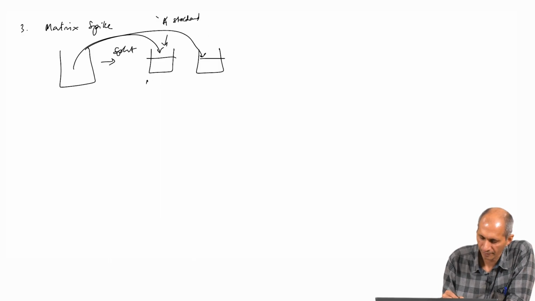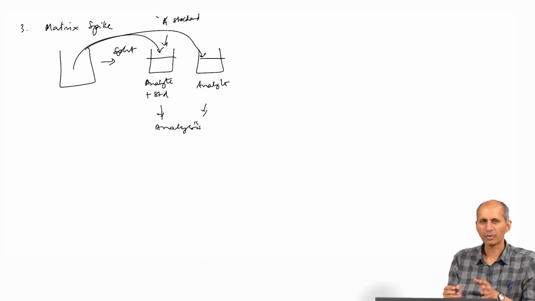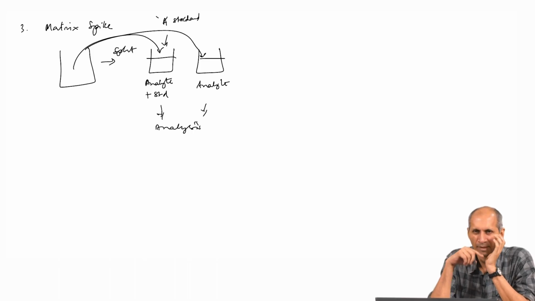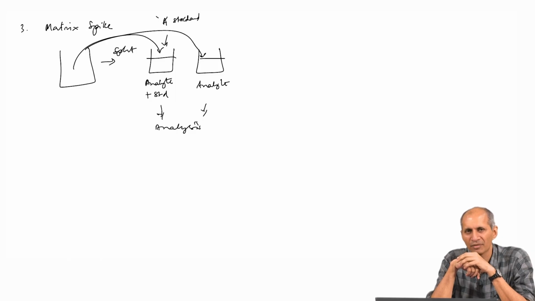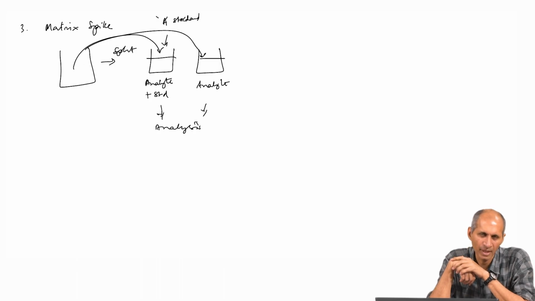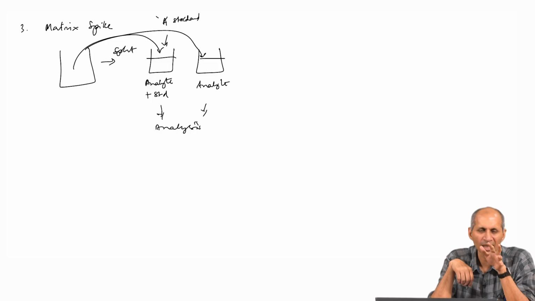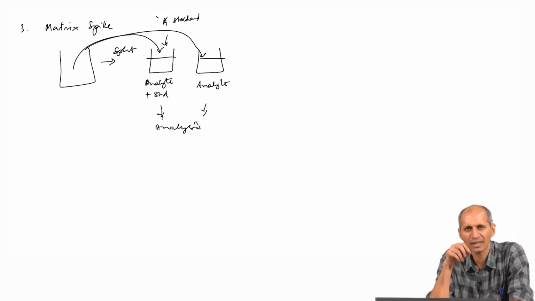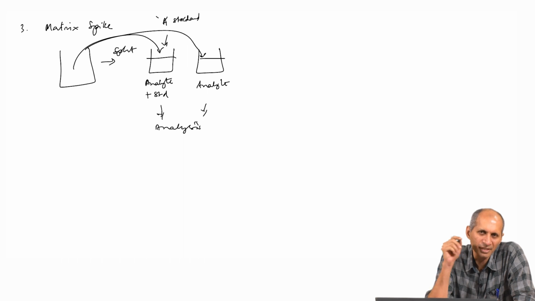So, this has analyte plus standard, the other has only analyte, and both of these samples go through the analysis. The difference between these two will reflect the efficiency of the extraction of the standard that you have added. So, this is a better way than using a surrogate. The only problem here is again that you are splitting the sample, and that is one additional analysis that you have to do.